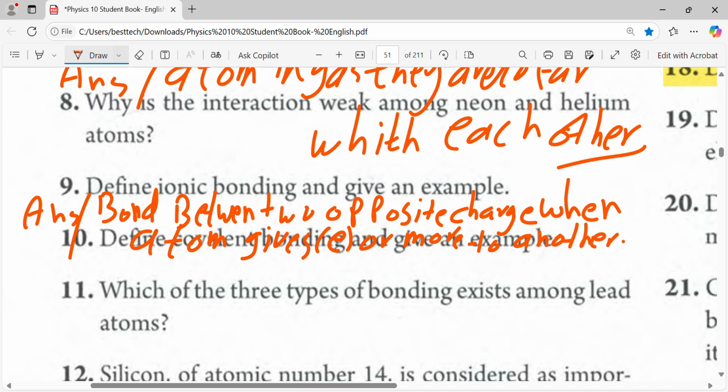So this is the answer of question 9. Ionic bonding is a bond between two opposite charges when the atoms give one electron or more to another.